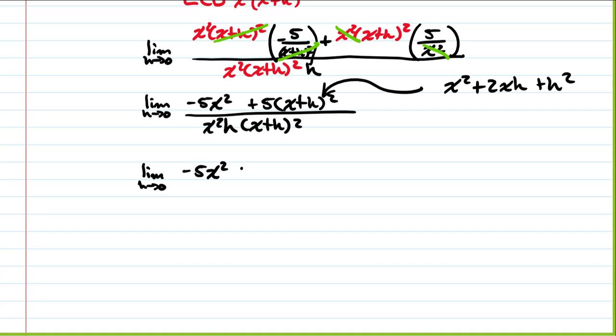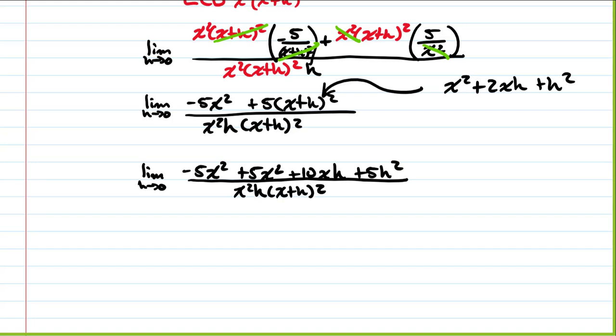So 5 times x squared is positive 5x squared. 5 times 2xh is 10 times xh, and 5 times h squared is 5h squared, all over x squared h times x plus h squared.